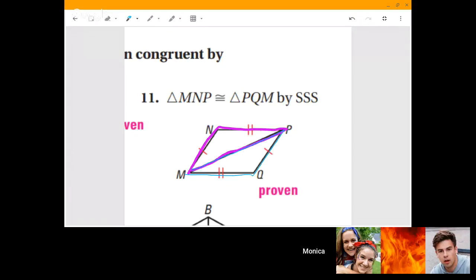A 90-degree rotation would flip it this direction. And then another 90 would flip it around to this direction here.